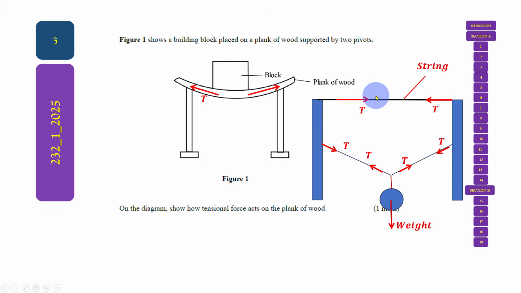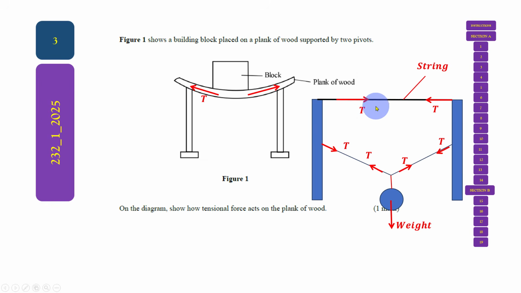What is the meaning of this arrow? It means that this string is pulling this support in this direction. What does this T mean? This T means that the force in the string is pulling this support in this direction.